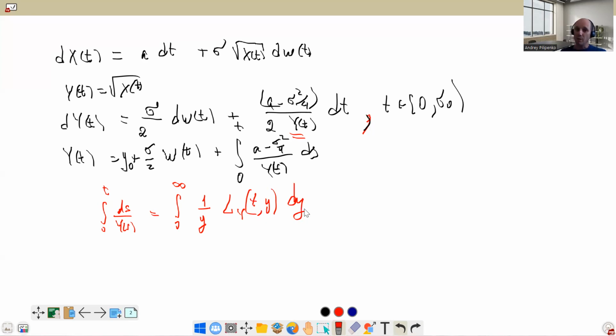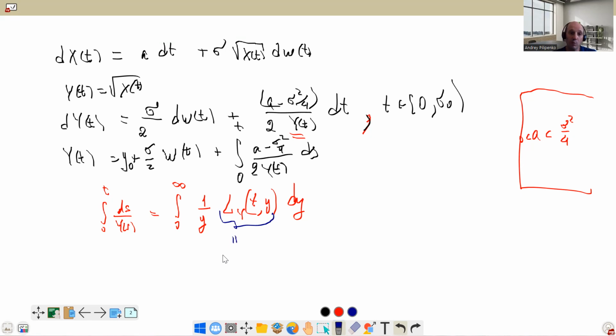And it appears that if a is small, I forgot here to write 2, and today I will consider the most interesting case when a is positive and less than sigma squared over 4, then this integral diverges. However, it can be proved that this local time has some nice asymptotics in a neighborhood of 0.